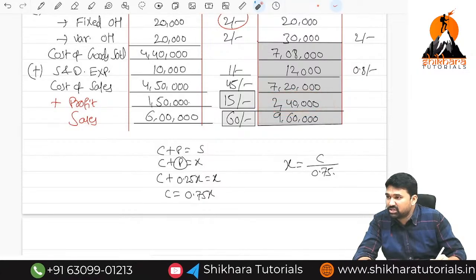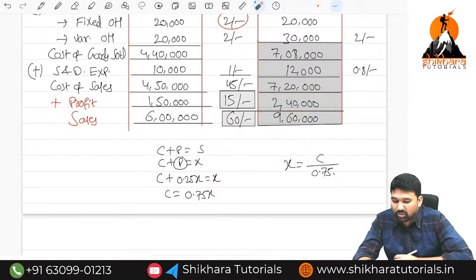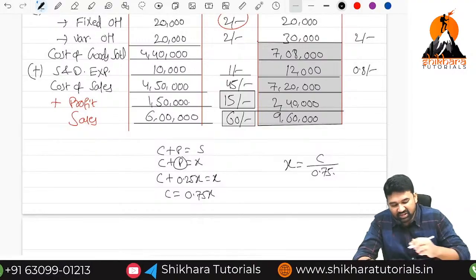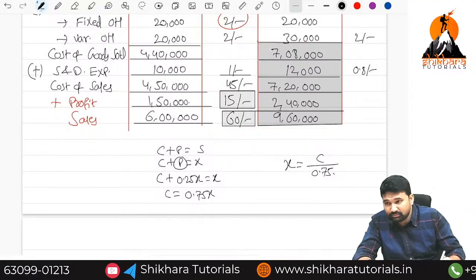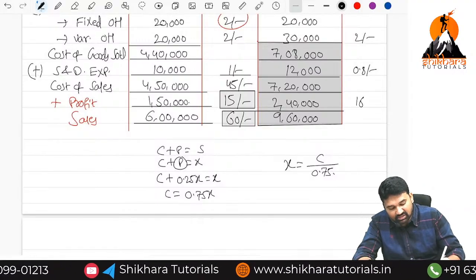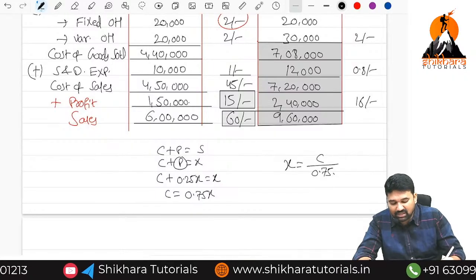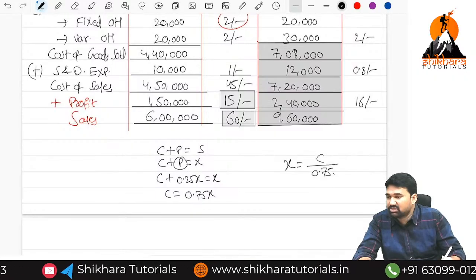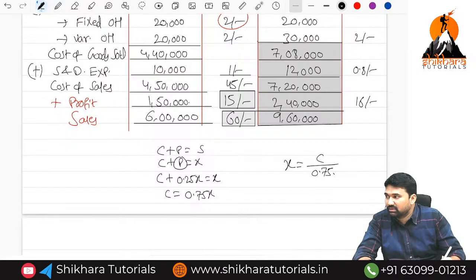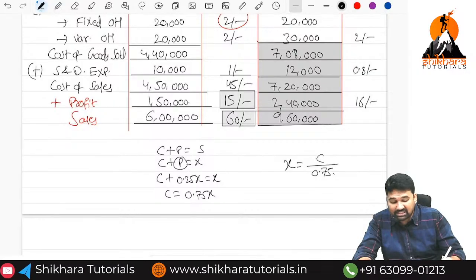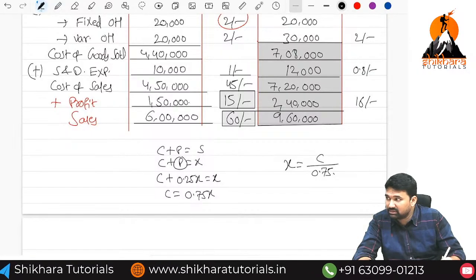Find out per unit: 2,40,000 divided by 15,000, how much? 16 per unit. And sales 9,60,000 divided by 15,000 is 64.